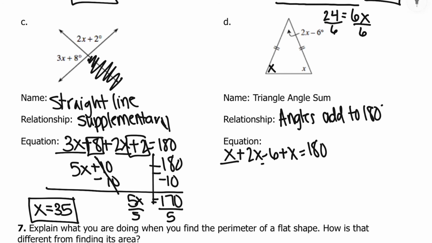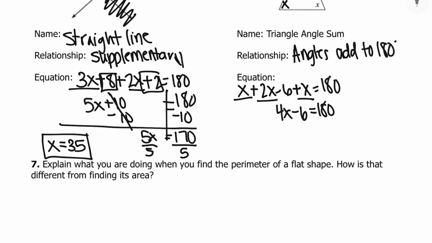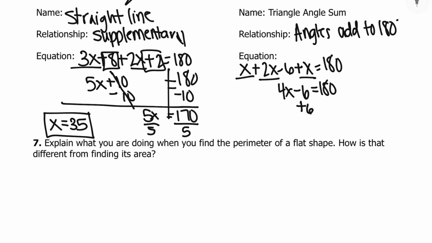So x, 2x, and x. So that's 4x. And then write minus 6 equals 180. And then we're going to add 6 to both sides to have 4x equals 186. And then the last step would be to divide both sides by 4. So x equals 46.5.